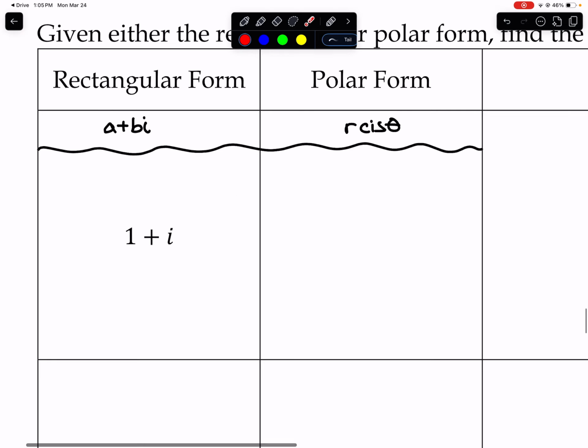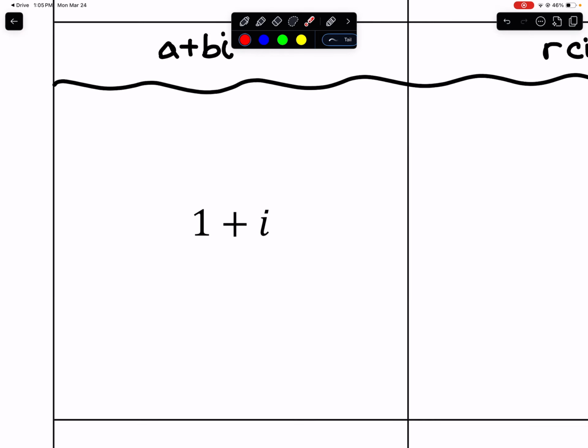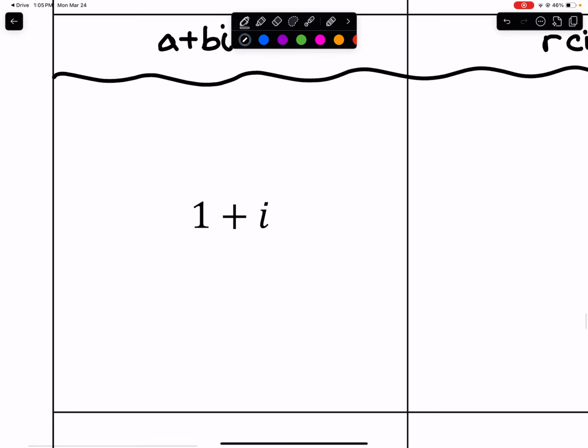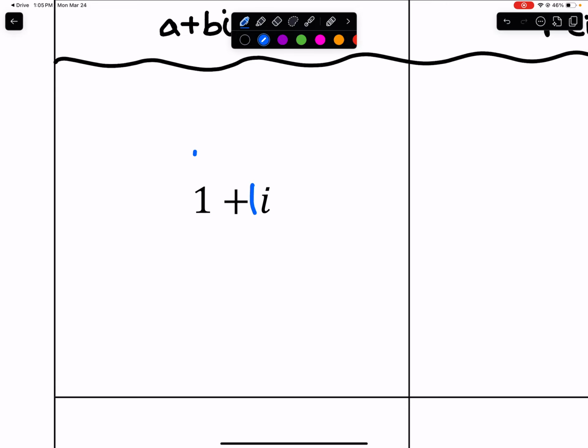So I'm going to start off on what I like to call level 1. So we have 1 plus 1i. I'm going to write in that 1. Because both of these values are positive, my a and my b value, which correlate to my x and my y values, if I have a positive x and y value, that means we're going to be in quadrant 1.